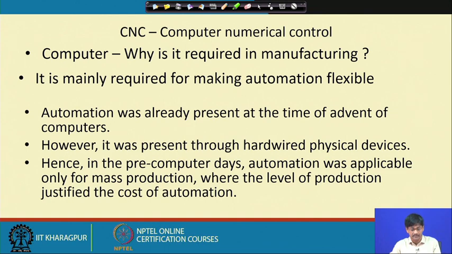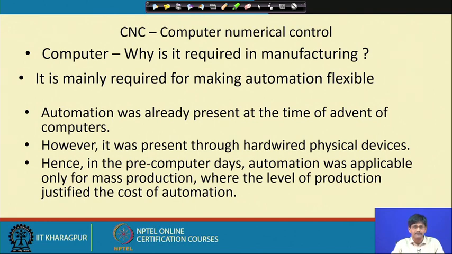It will be expensive. So, for mass production it was all right. We used to make special purpose machines with hard automation, and maybe we are making millions of such similar parts without any change required in the hardware. So, hard automation or fixed automation was very easily implemented in case of mass production.